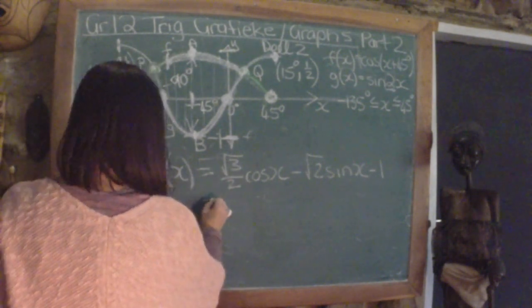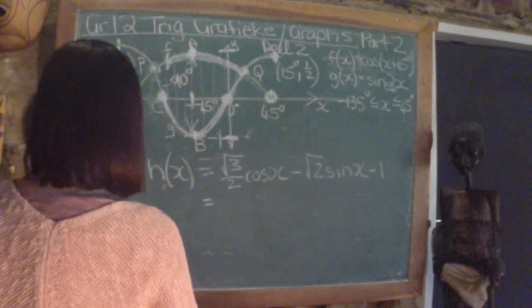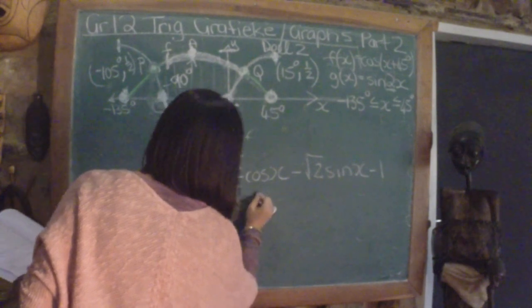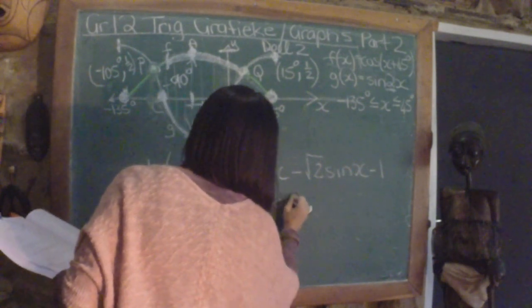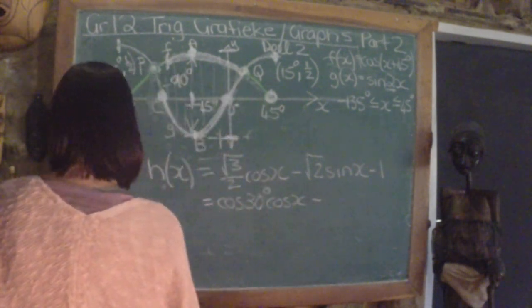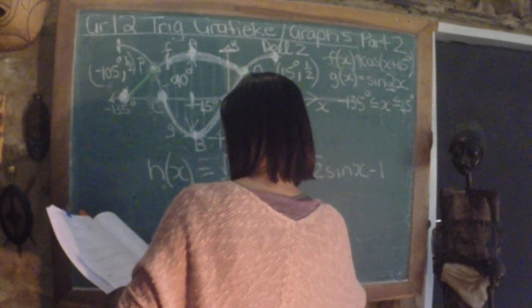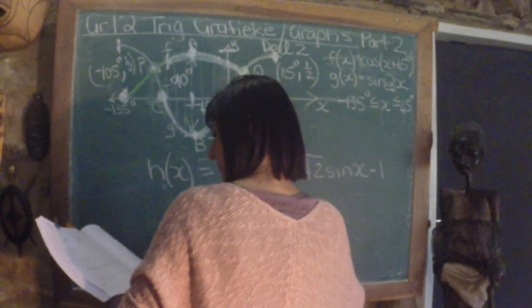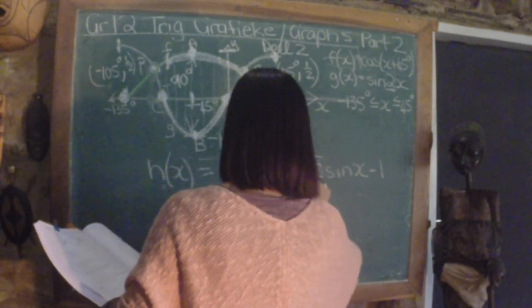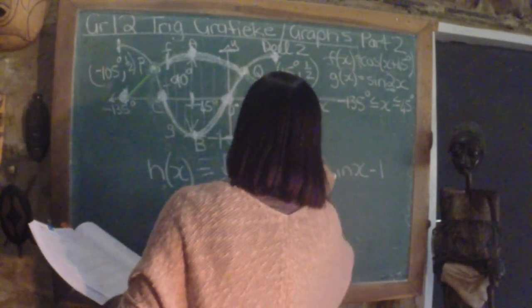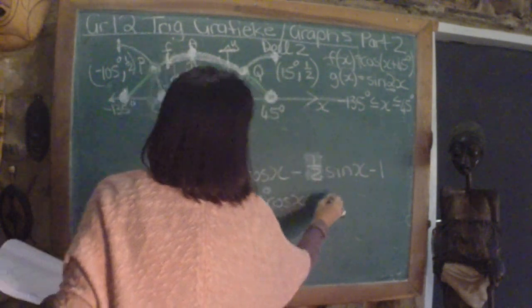Wortel 3 op 2 is 'n spesiale hoek wat ek goed ken. Dit is die cos van 30 grade. En wortel 2 op 1 is, ja, dis nie wortel 2 op 1, ekskuus, jy het verkeerd afgeskryf. Dis 1 op 2, dis half. Is die sin van 30.